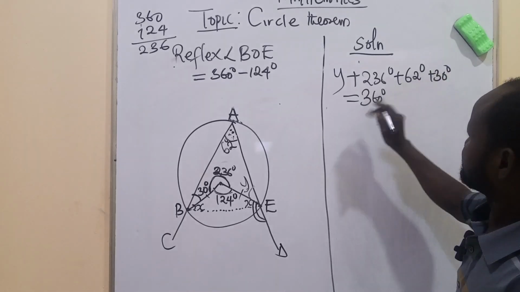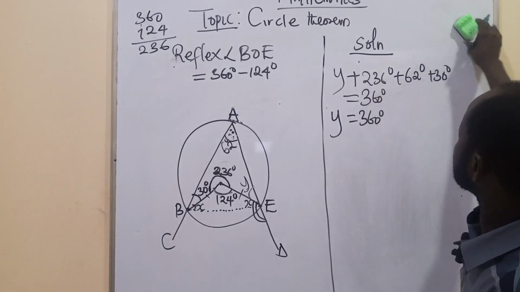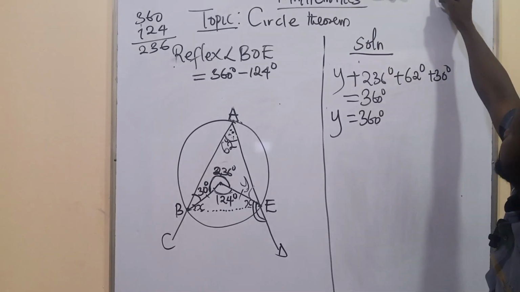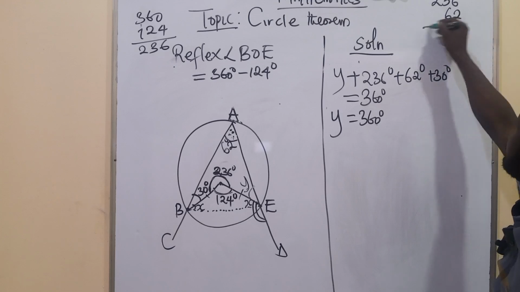So let's add this before we minus. Y now will be equal to 360 degrees. Let's do the summation here: 236 plus 62 plus 30.